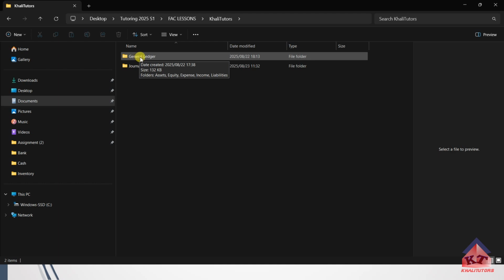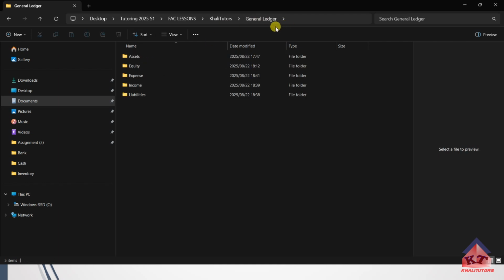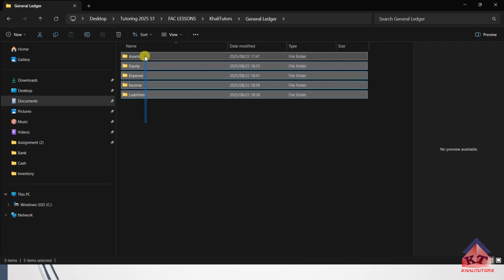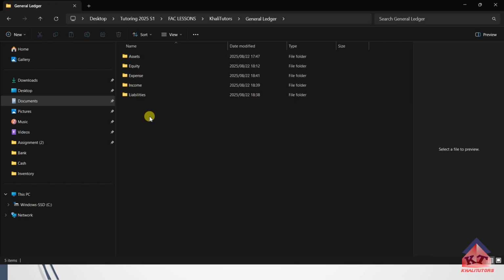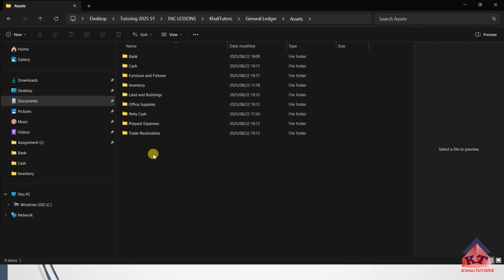Okay, so if it is a collection, if you double click on this general ledger folder, I will need to have these elements. Inside, you see you have your assets, equity, expense, income, and liabilities. But inside your assets folder, you have the different assets, okay?